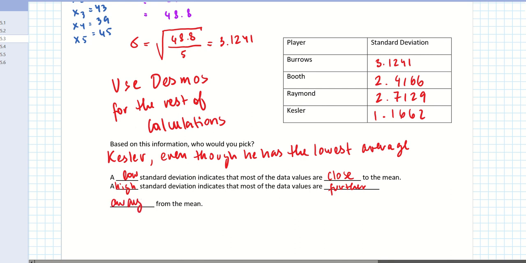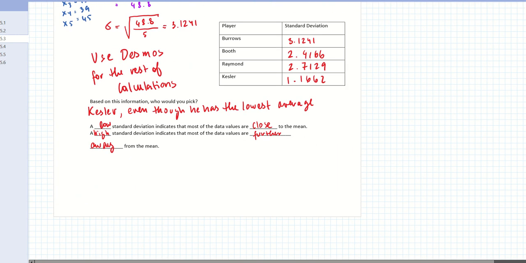So that's the important part from this lesson. Know what standard deviation is, how to find it using your calculator or Desmos, and then understand what it means in a context like this. So basically, it shows you consistency.